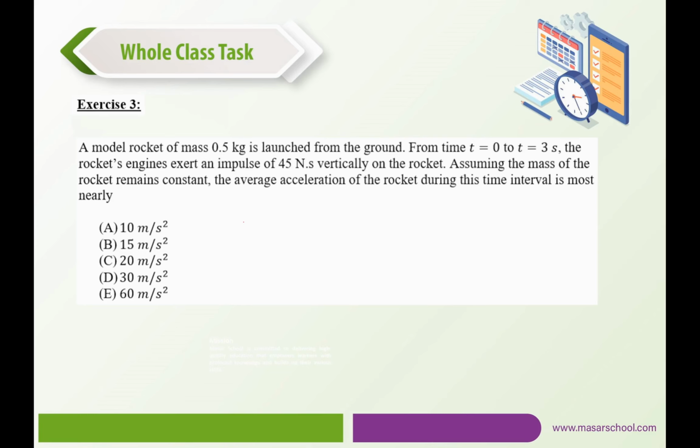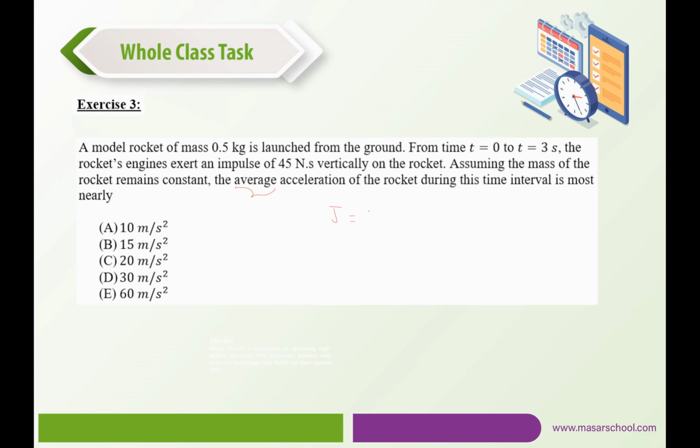Now a model rocket, we have the mass, is launched from the ground. From 0 to 3 seconds, the rocket engines exert an impulse of 45 newton seconds vertically on the rocket. Assuming the mass of the rocket remains constant, we're interested in the average acceleration, so no need for an integral.